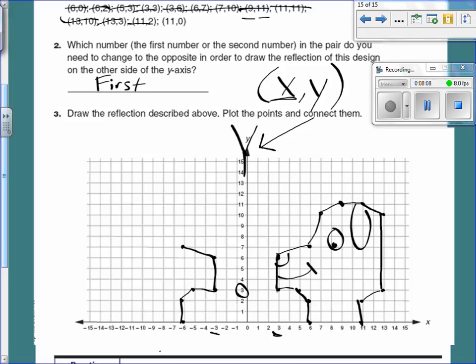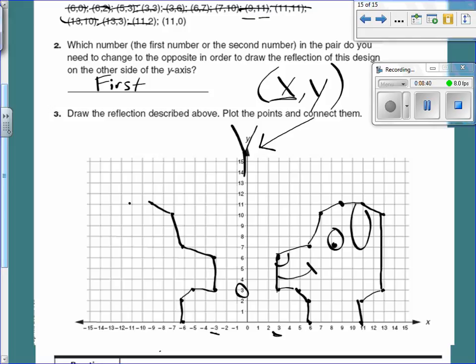Then we have negative 7, 10, which leads me up to here. Negative 7, 10. Then I have negative 9, 11. Just right here. Connect that. Then we have negative 11, positive 11.